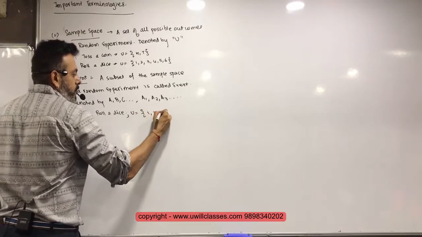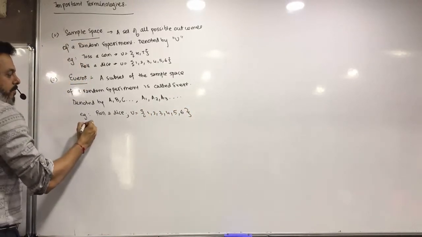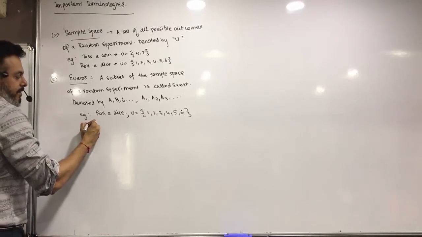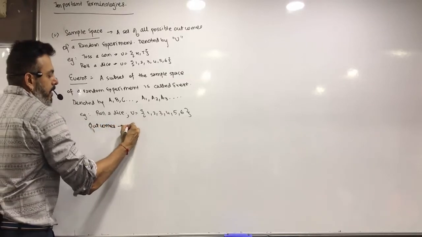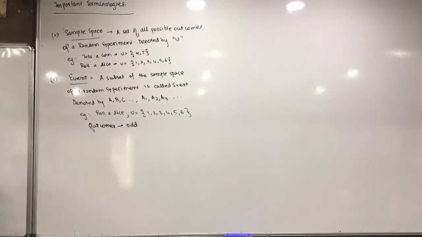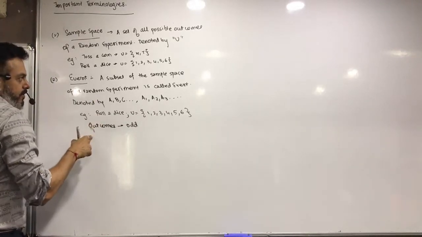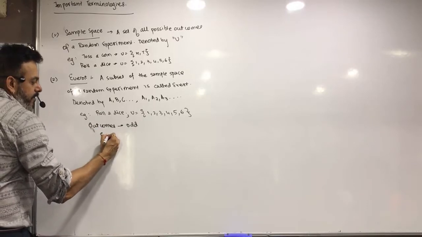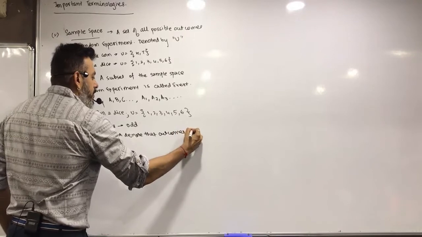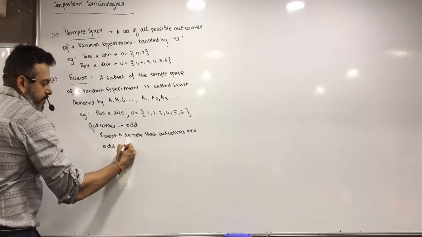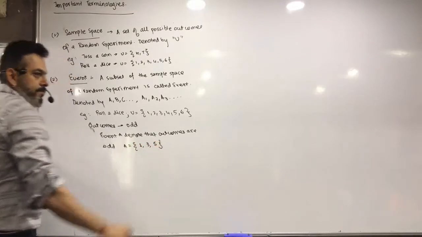Possible outcomes are 1, 2, 3, 4, 5 and 6. I want to know the probability of outcomes that are odd. In that case, what is the event for me? Event A denotes that outcomes are odd. It means A is equal to 1, 3, 5.